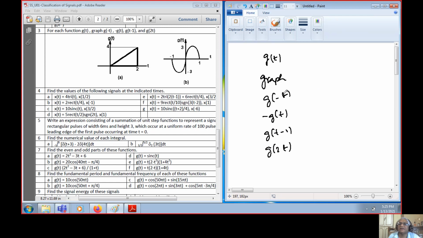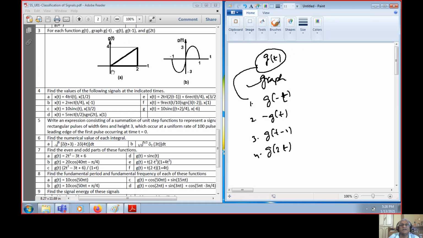Okay, so basically what we are asked to do is we have to draw a graph. So what graph we have to draw? We have to draw these four graphs, 1, 2, 3 and 4. Now what are these graphs? These graphs are somewhat related to this main graph g(t).